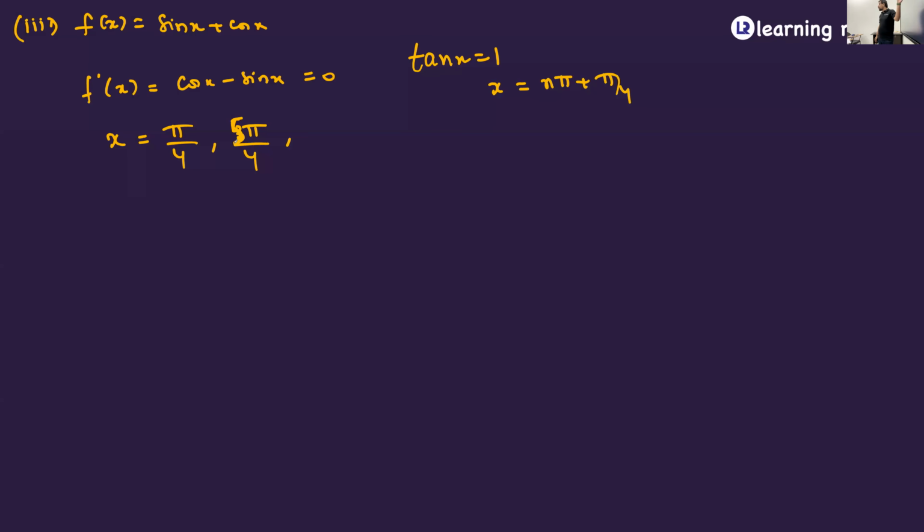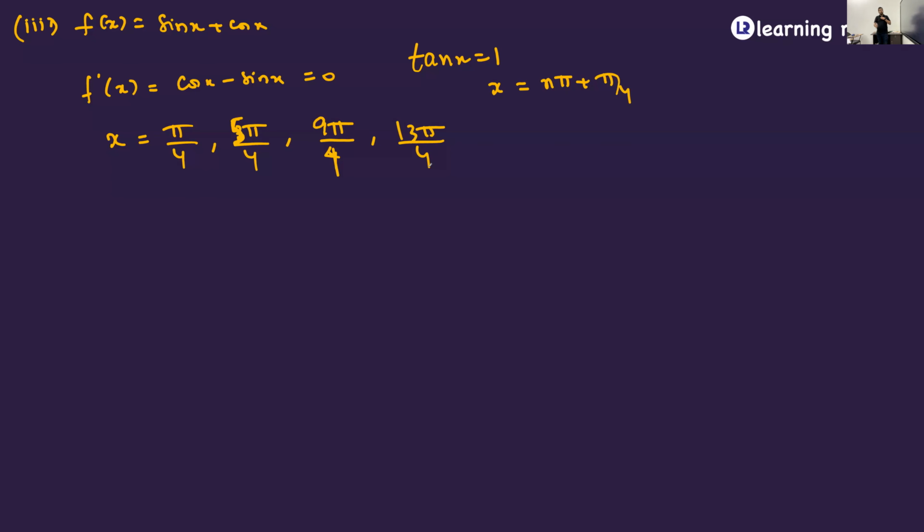So this is the general solution, n pi plus pi by 4. So it will be pi by 4, 5 pi by 4. Then keep adding pi to it. 9 pi by 4. So it keeps on going like this.